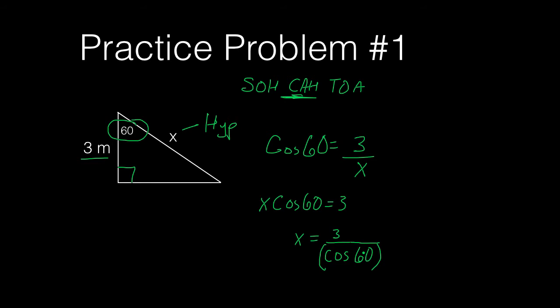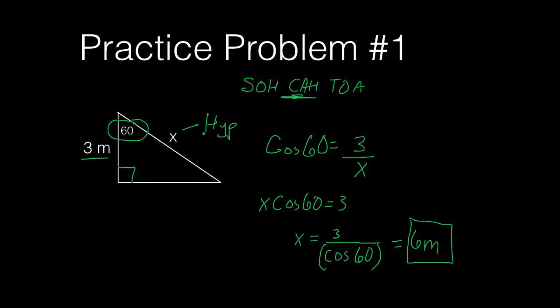So I get my calculator: 3 divided by parentheses cosine of 60, and then close it off with your parentheses, and I'm finding that x is equal to exactly 6, and so that will be our answer here. They're measuring the length in meters, so 6 meters would be the length of this side.